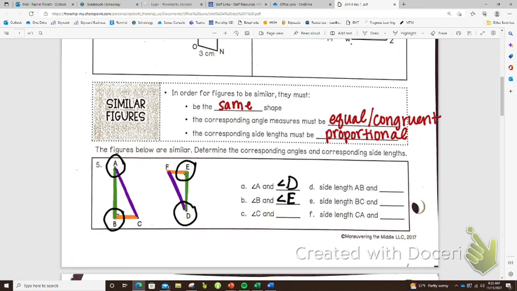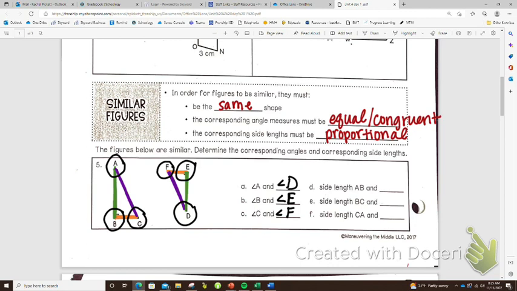And finally, angle C is connected by orange and purple, and so is angle F. So that means that angle C is corresponding with angle F, and that they are equivalent.